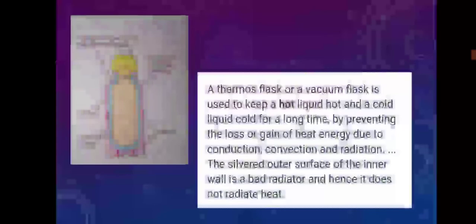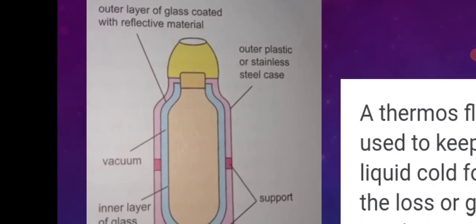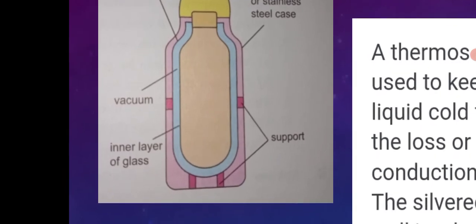Here in the picture you can see there are two layers, the outer layer and the inner layer, and between the two layers there is a support, and this support is a bad conductor. So when the external wall becomes hot, this hotness does not come to the inner wall because both are separated by a support that is a bad conductor.